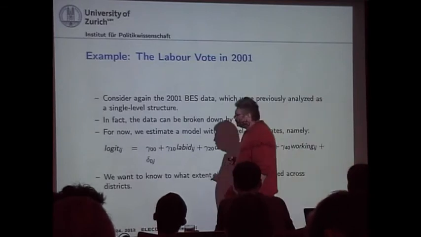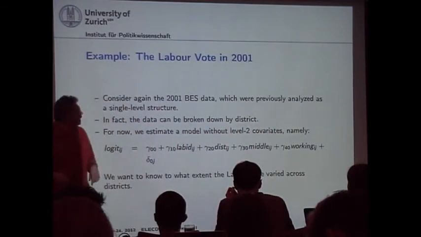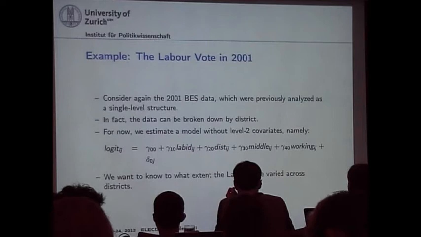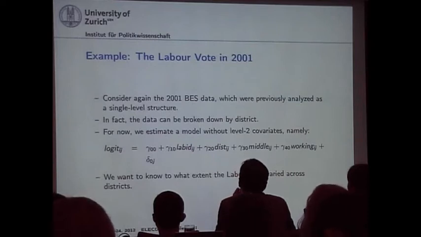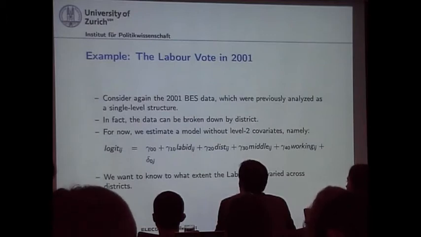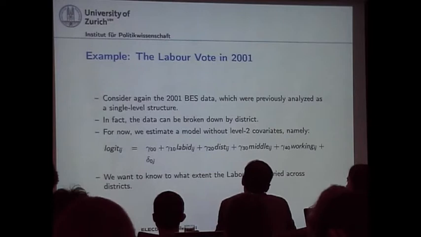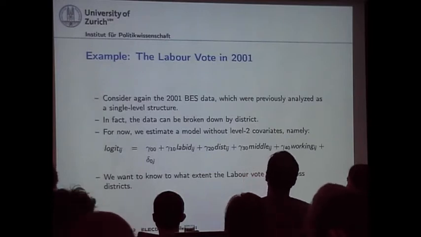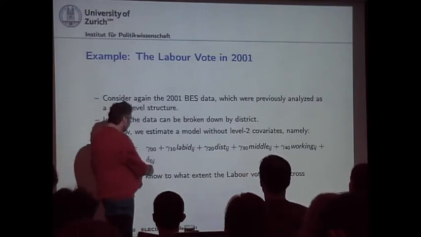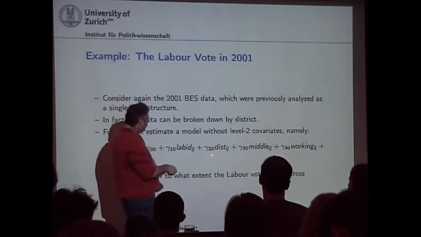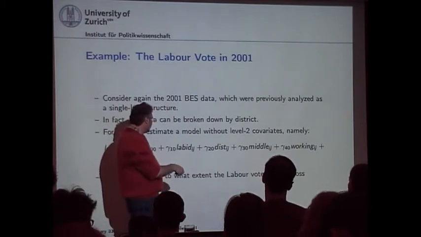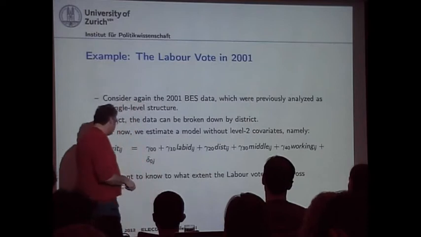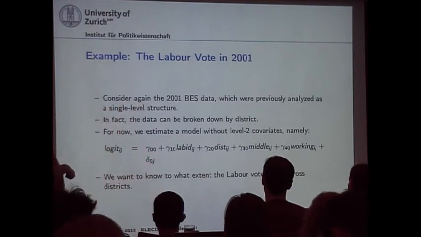So think about the 2001 British Election Study data. Now we break them down by constituency. No level 2 covariates at the moment. We have a dummy for identification with Labour, then dummies for middle and working class, and here's ideological distance, and then here's this delta 0j.